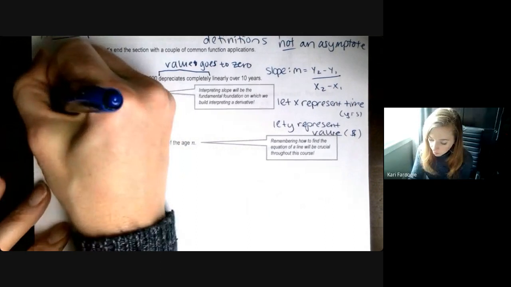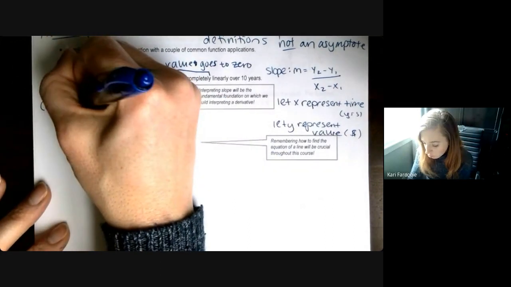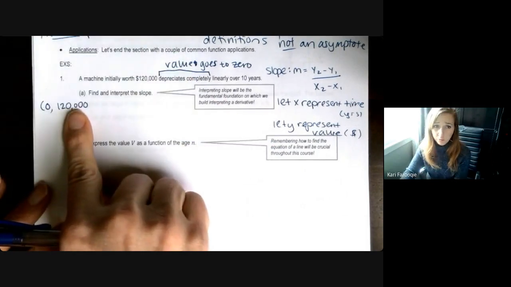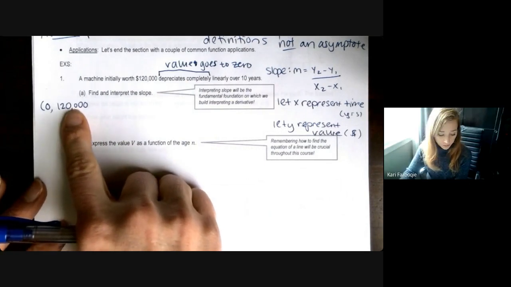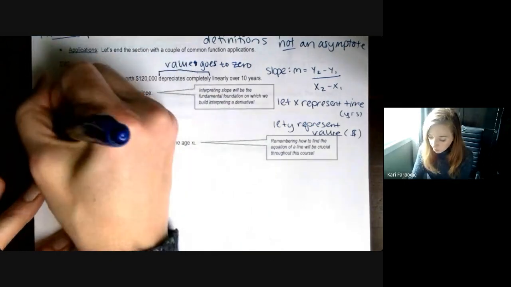So that's going to be 1 coordinate point. 0 years, 120,000. Anytime you're putting a number with a comma into an ordered pair, be careful. You don't have to include this comma in the number if you don't want to. Don't let it throw you off. Now, after time equals 10 years, it depreciated to $0. So these are your 2 ordered pairs.